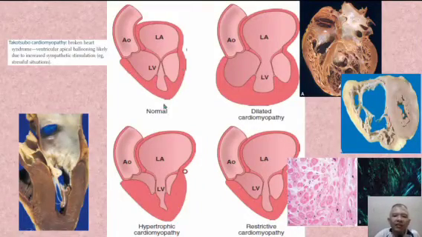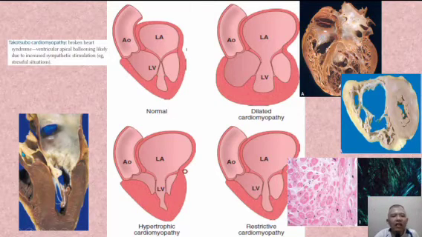So for dilated cardiomyopathy, all chambers are dilated. For hypertrophic cardiomyopathy, you have thickening. So for dilated cardiomyopathy, you also have hypertrophy. However, the more prominent feature is the dilation of the chambers. For hypertrophic cardiomyopathy, the more prominent feature is the thickening of the ventricles.